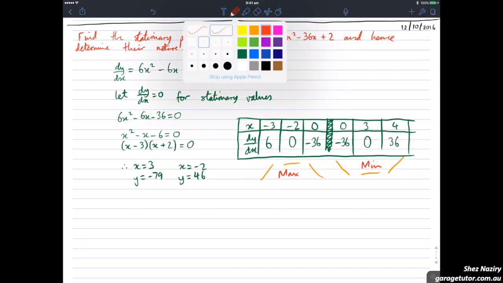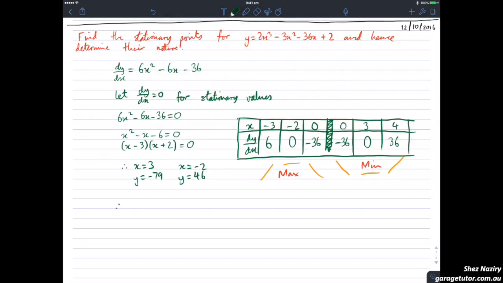So therefore, we can say negative 2, 46 is a maximum turning point. It's 36? Okay, so that's 36.